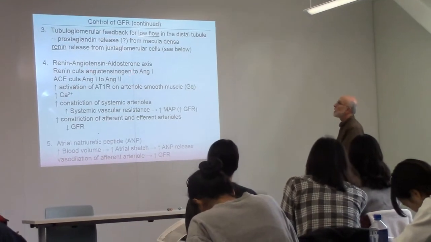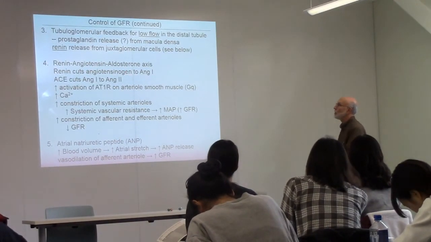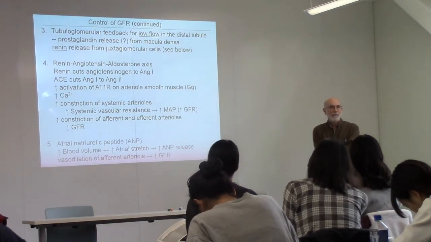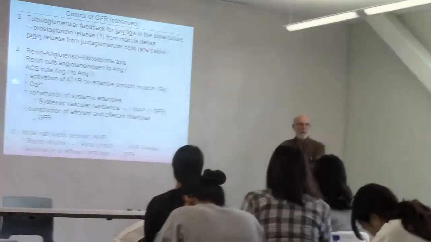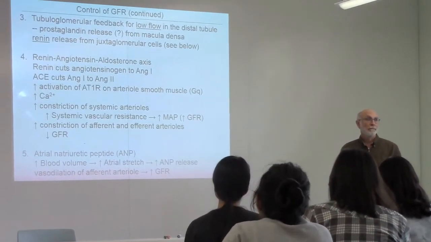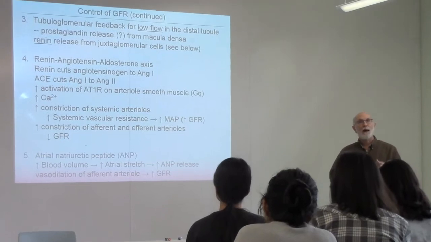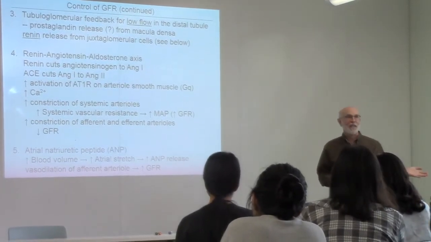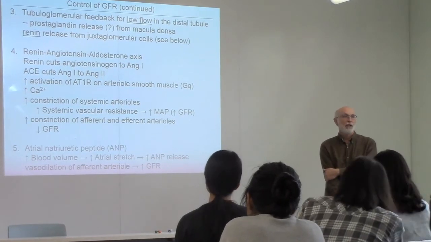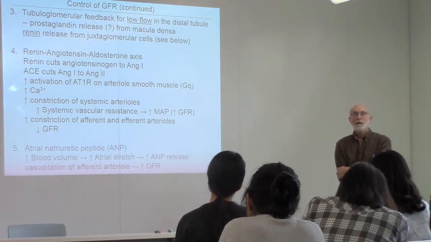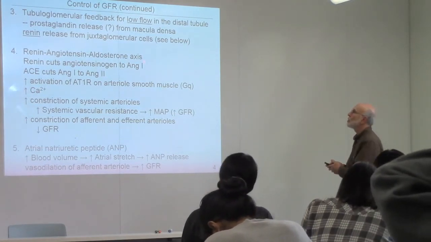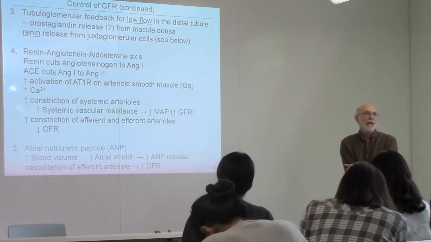It cuts another precursor hormone called angiotensinogen. Angiotensinogen came from the liver. We'll talk about the liver in the next section of the class. You'll hear angiotensinogen again. Angiotensinogen is the precursor to a hormone called angiotensin.